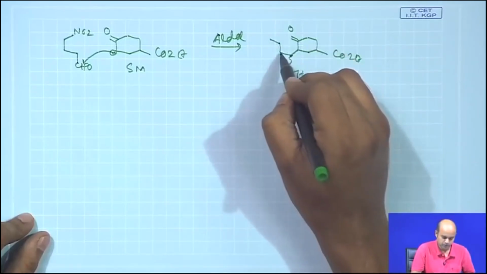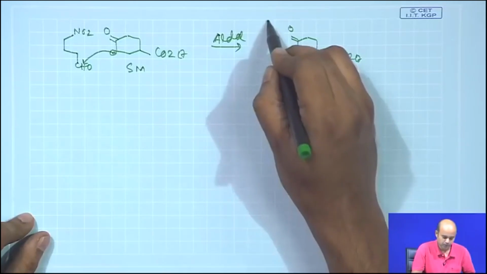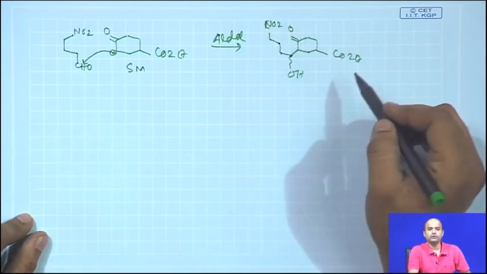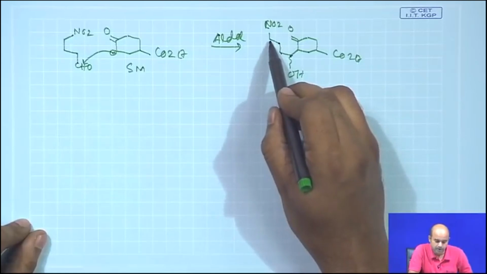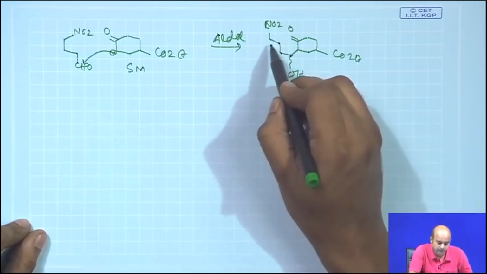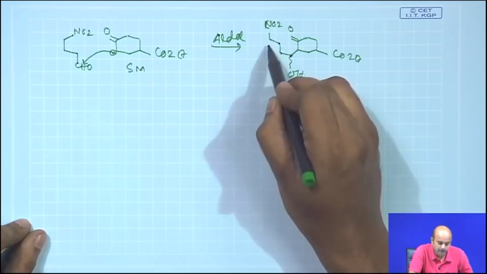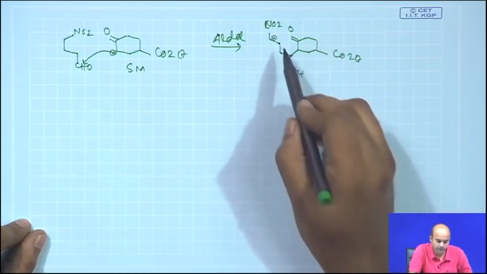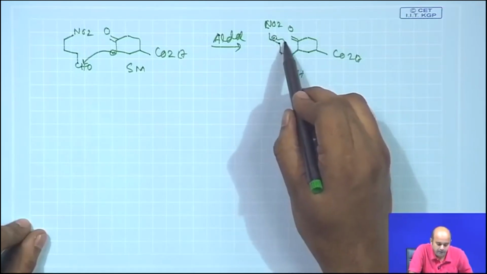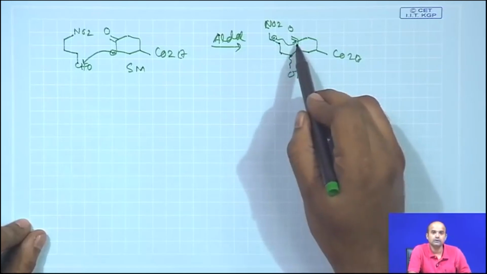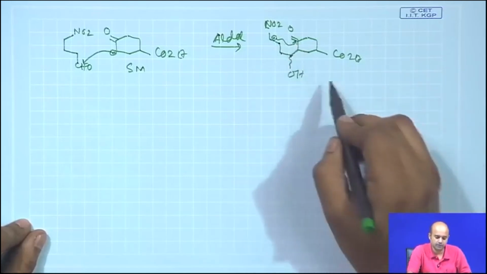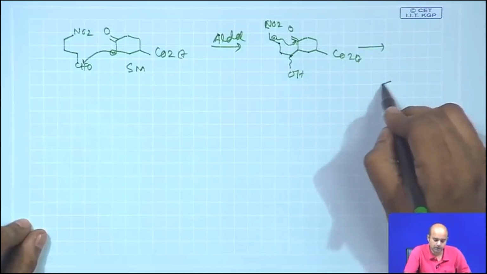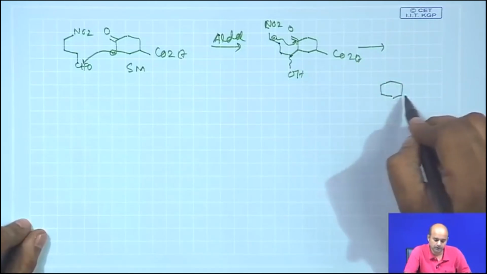So, 1, 2, 3, 4, we have the nitro. Now, you see nitro compounds are electron withdrawing groups, and so they can stabilize the carbanion here. Now, the reaction is in basic medium, so you expect another carbanion to be generated, and that will react in an intramolecular fashion with this carbonyl, and then basically you will get the product whose structure we drew earlier.